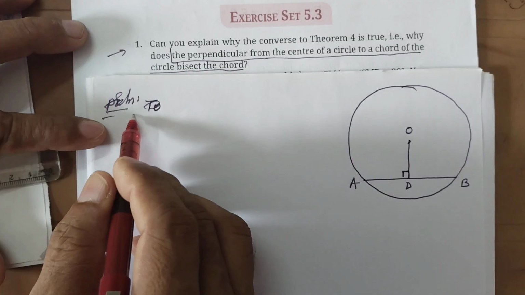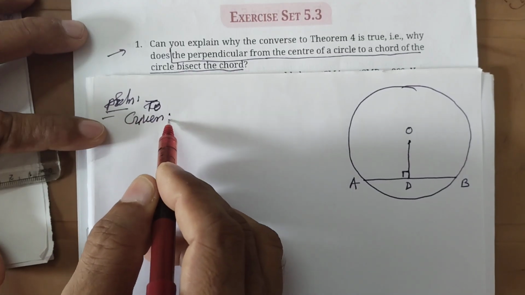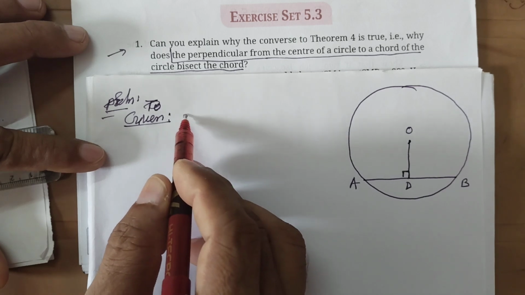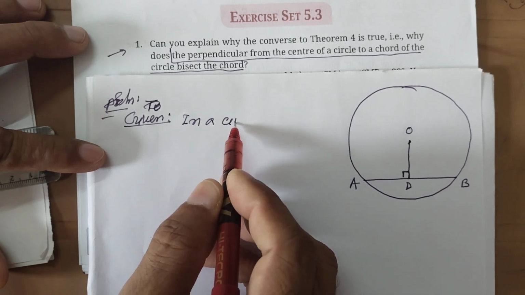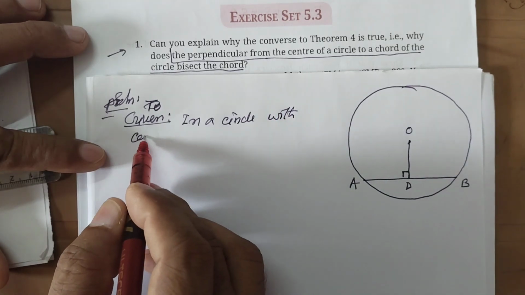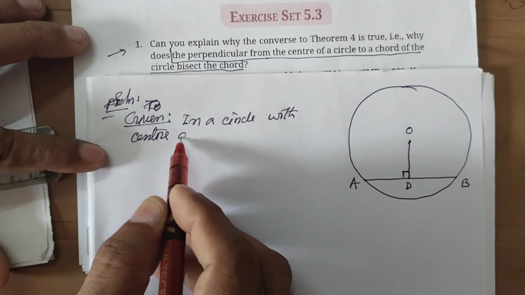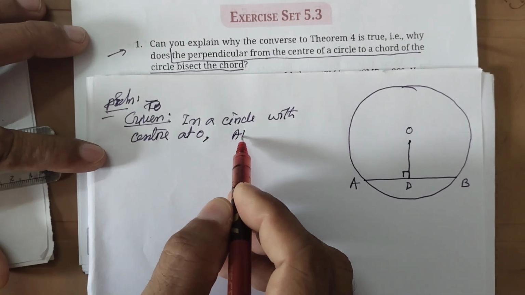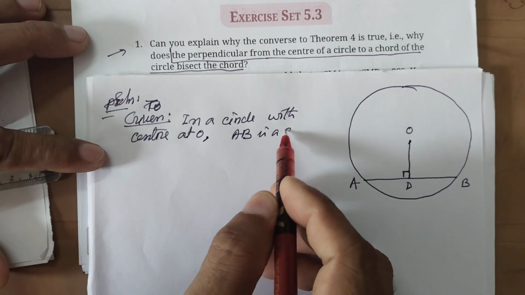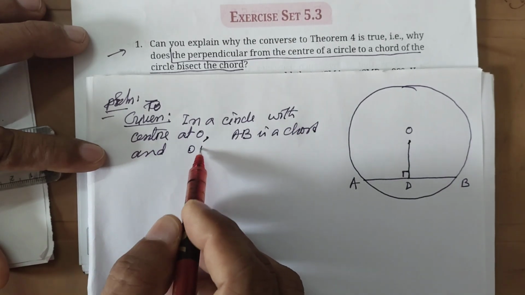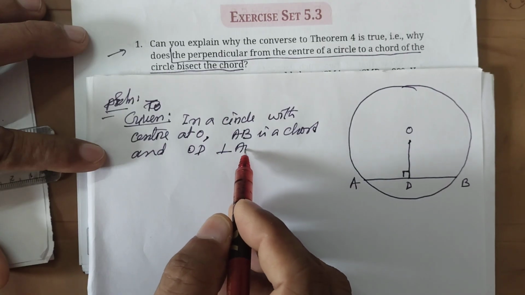To prove, first step you can write given: in a circle with center at O, AB is a chord and OD perpendicular AB.